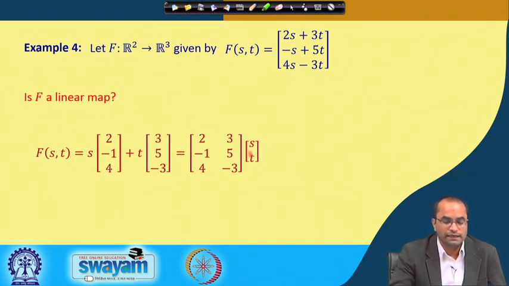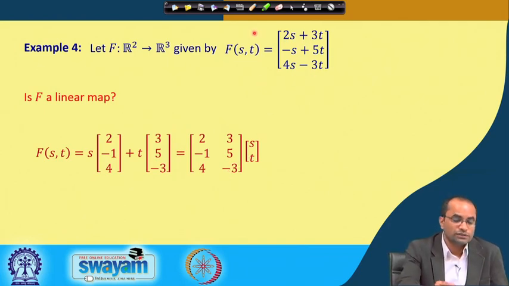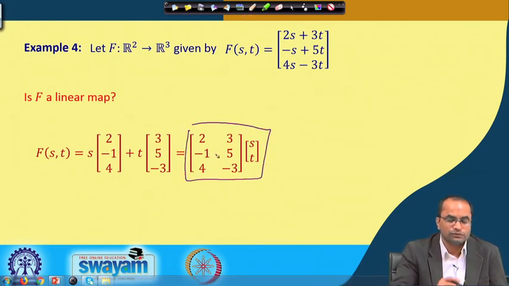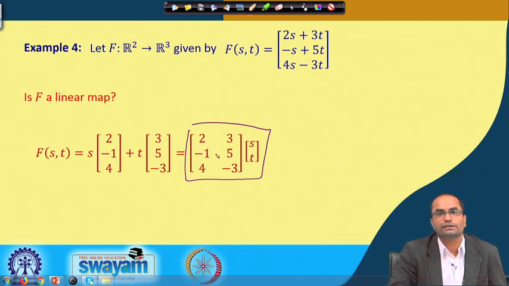So, this is exactly when we look into this product here: 2s + 3t, that is the first member here, -s + 5t, that is the second member, and 4s minus 3t, that is the third one. So, this given mapping is defined exactly by this matrix with rows (2, 3), (-1, 5), (4, -3).